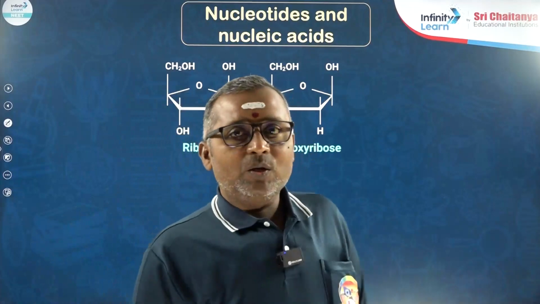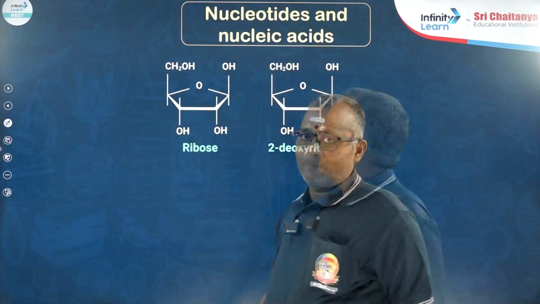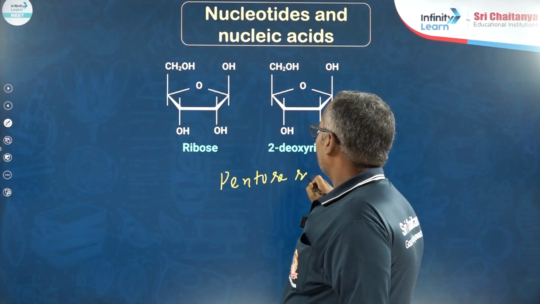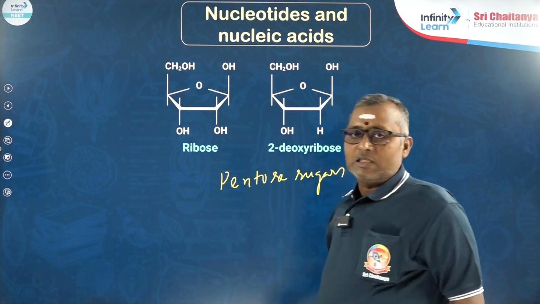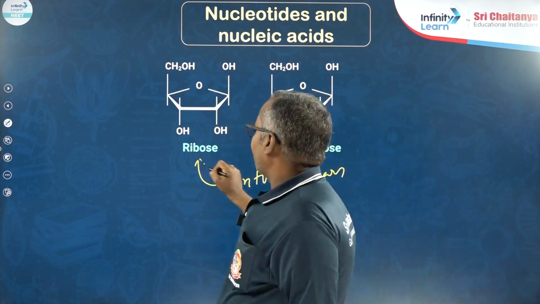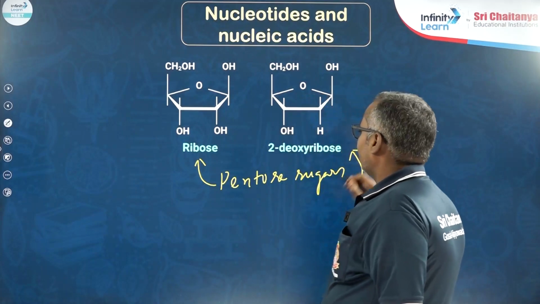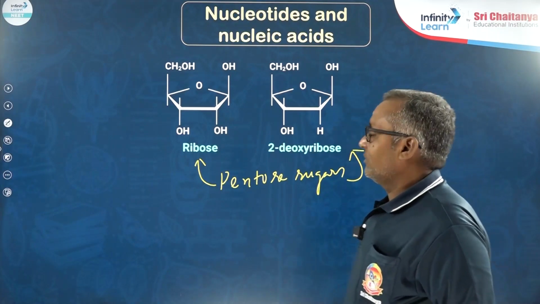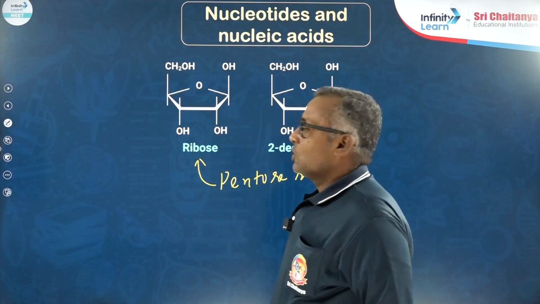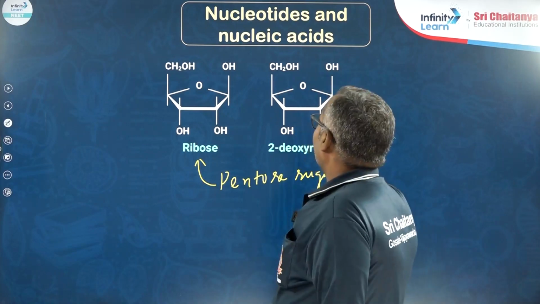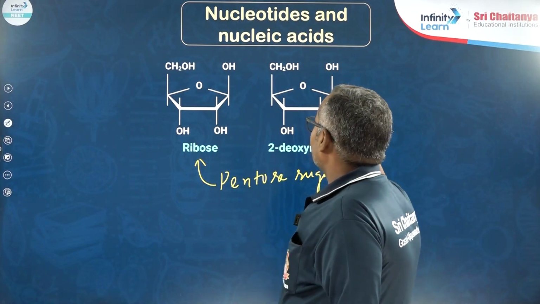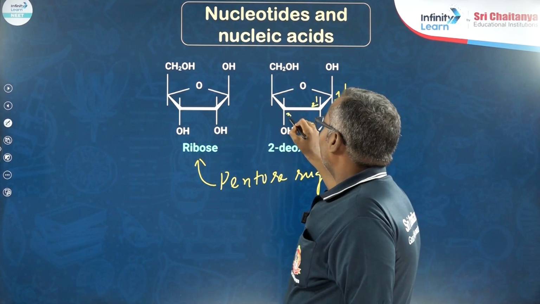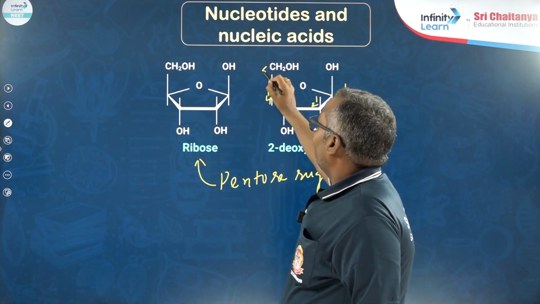Apart from nitrogen base, a nucleotide also contains sugars. These are also called pentose sugars. These pentose sugars are of two kinds. One is ribose sugar and the other is deoxyribose sugar. The main difference between ribose sugar and deoxyribose sugar is at the 2' carbon. This is the cycle of a pentose sugar, with 1' carbon, 2' carbon, 3' carbon, 4' carbon and 5' carbon.